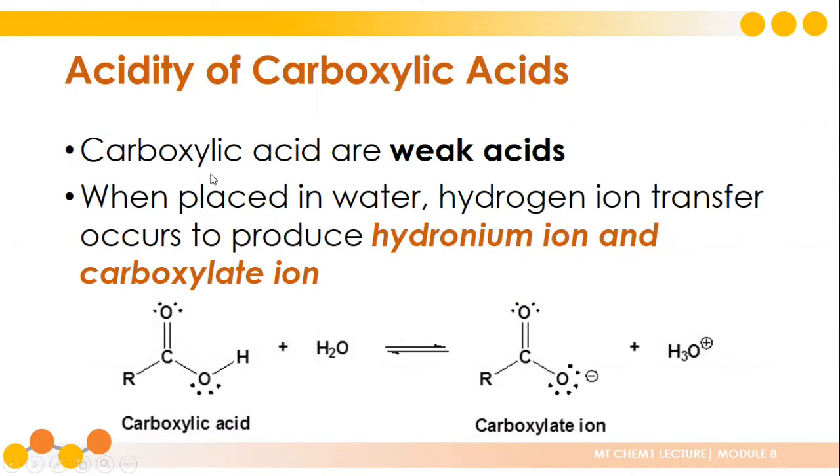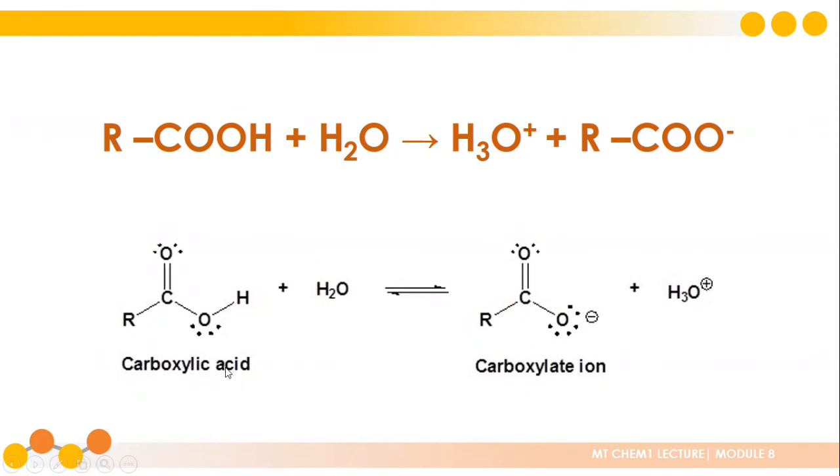So if you put this carboxylic acid, a weak acid, with water, the hydrogen ion transfers to the water to create a carboxylate ion. As you can see here, upon mixing it with water, the bond of the hydrogen in the OH group breaks, the hydrogen transfers to the water, and we are left with a carboxylate ion. Again, this is the carboxylate ion, leaving us with a negatively charged oxygen.